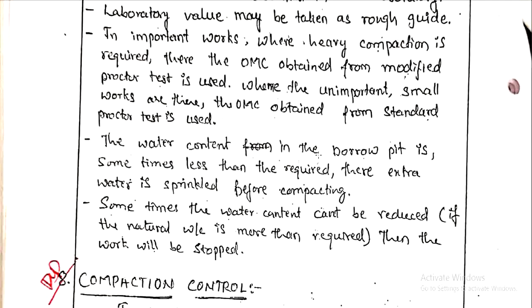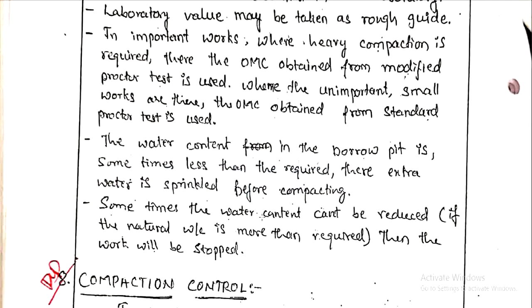The other 9% water content I have to add to make the total water content 18%. In some borrow pits the water content will be less than required, so extra water is sprinkled before compaction. That is called placement water content.